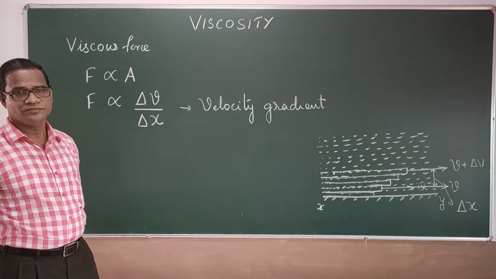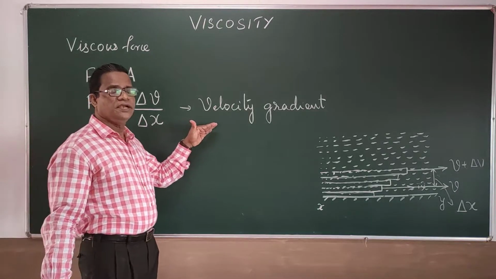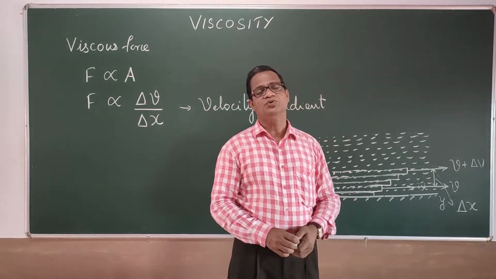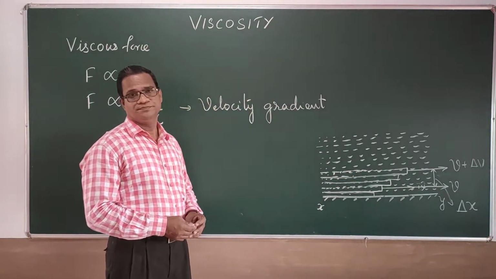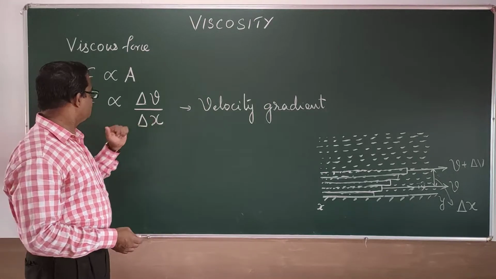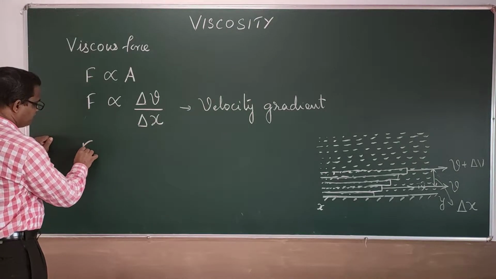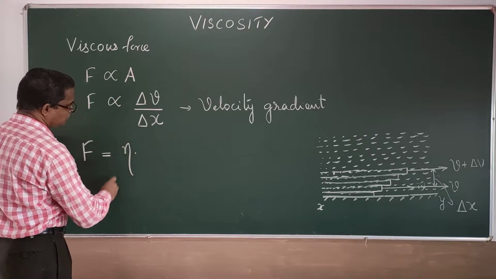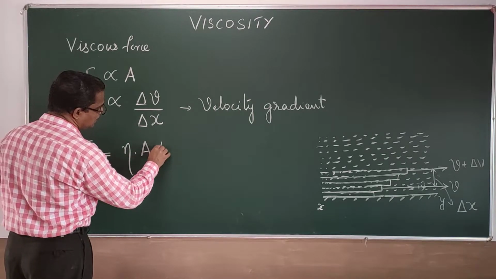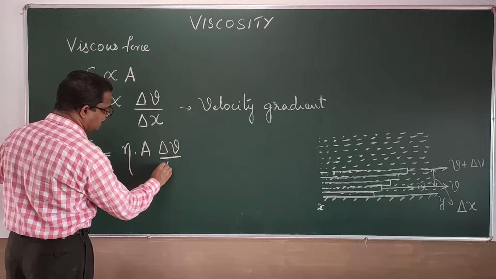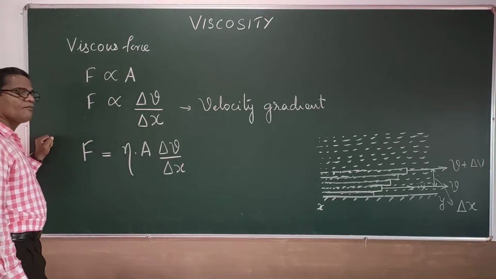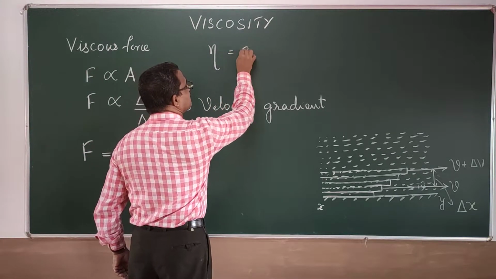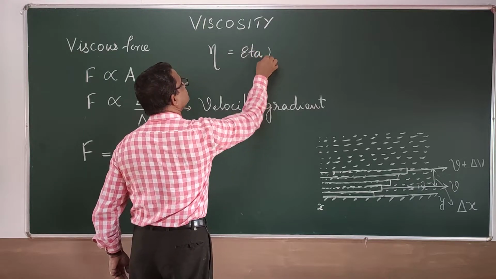Velocity gradient. And this velocity gradient is measured perpendicular to the direction of motion of the liquid. Therefore, we can say that F equals eta into A into delta V by delta X. Eta is the Greek alphabet spelled as eta.